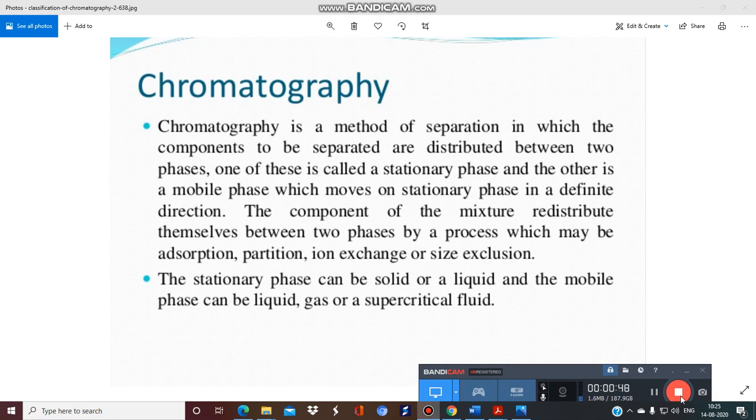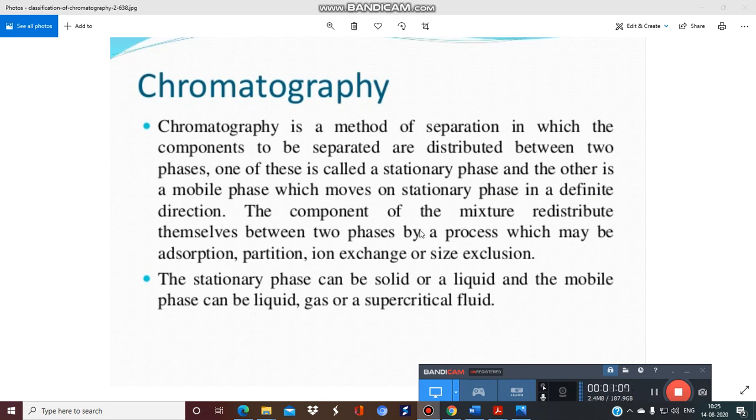Before going further into the detail, let us recall the definition of chromatography. As we have discussed, for chromatography you need two basic things, two phases. One is the stationary phase, that remains stationary as the name indicates, and the other one is the mobile phase that will move.